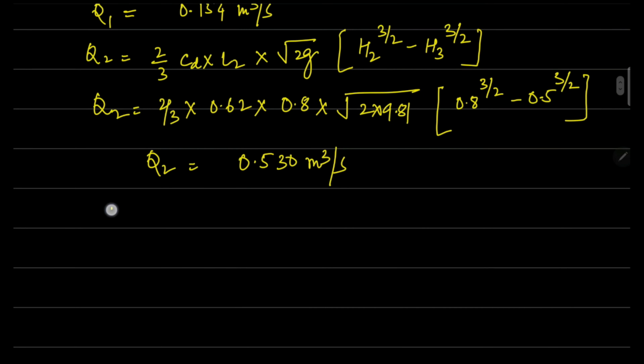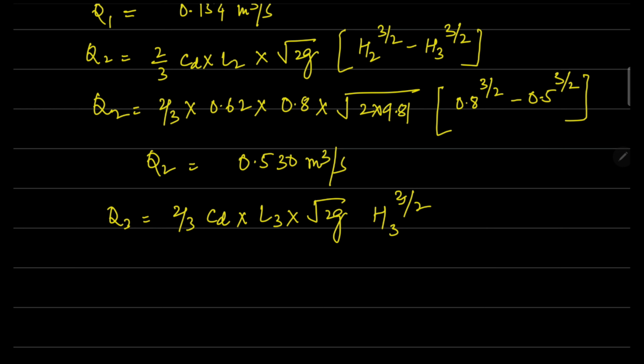And similarly, in order to find the Q3 value, this is 2 by 3 CD multiplied by L3 multiplied by under root 2g, and here the subtraction is not required, so this is H3 raised to the power 3 by 2.